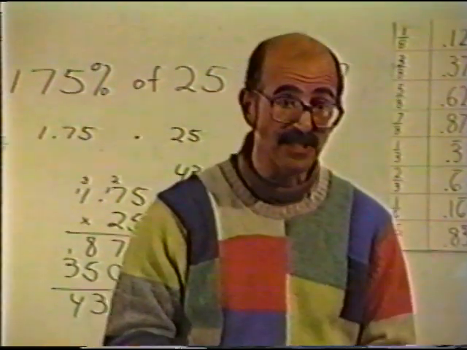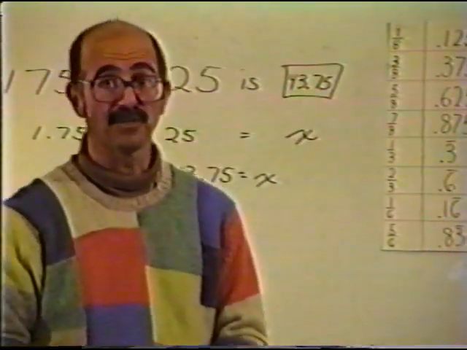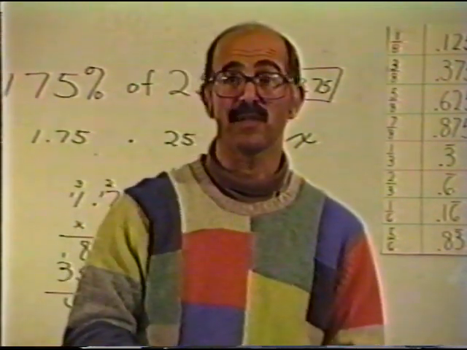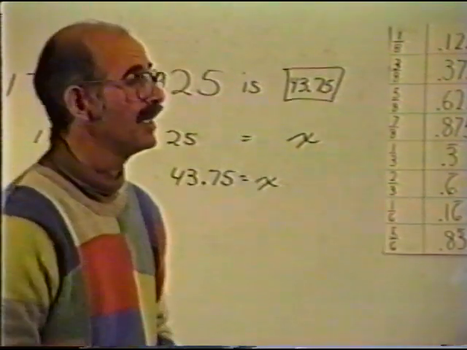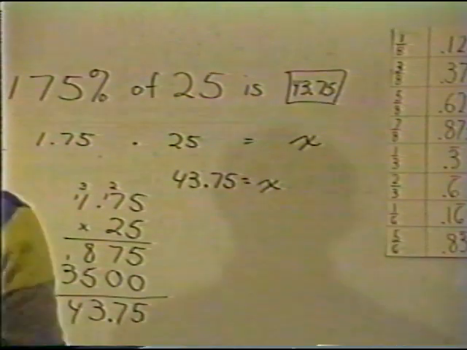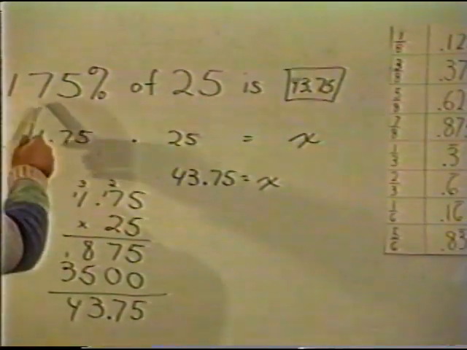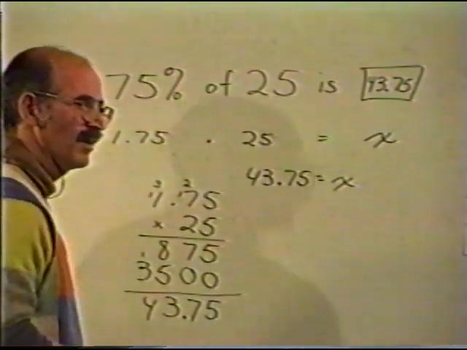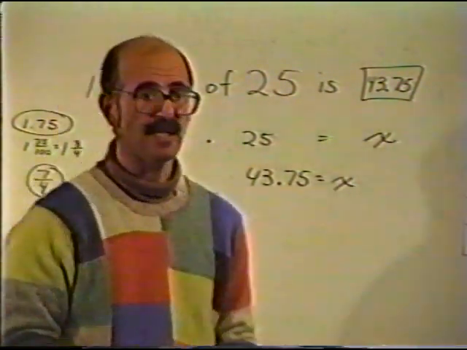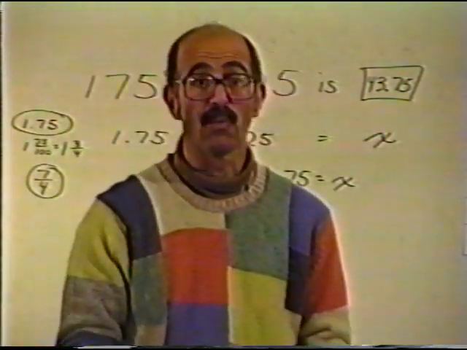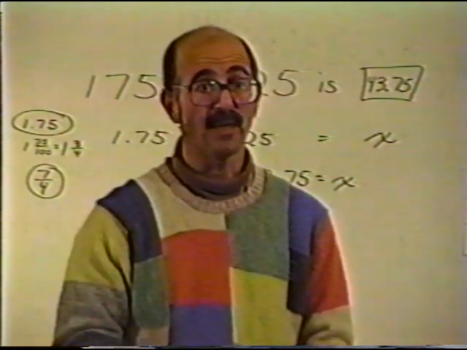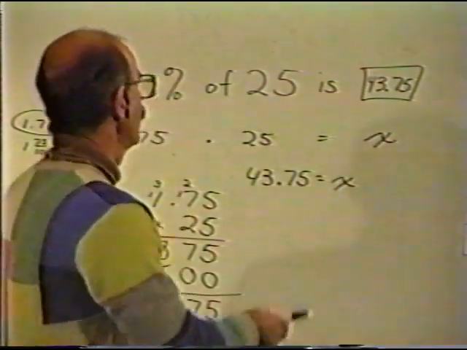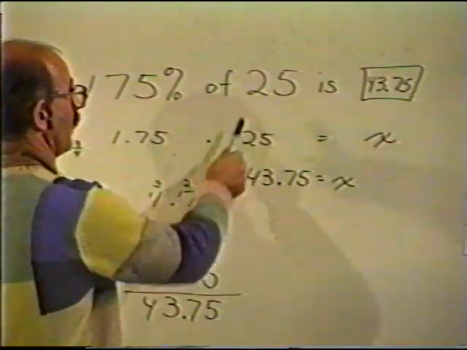Now let's see if our answer makes sense. That's especially a good idea if you had to use a decimal, because you want to make sure that your decimal point is truly in the right place. It says 175% of 25. 175% is more than 100%. So we have to have an answer that's more than 25.